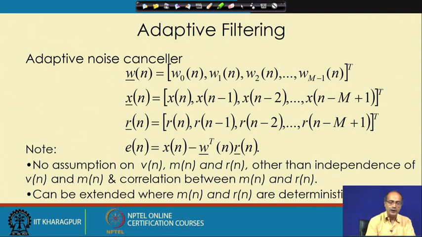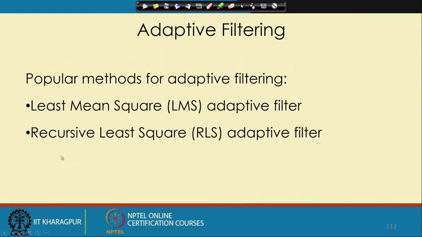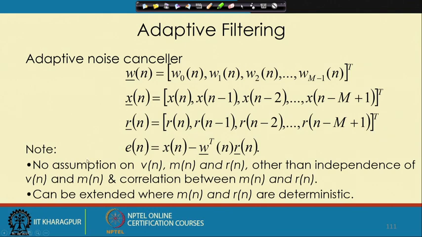So, this adaptive noise canceller we can now write in a very compact form. First, we write the tap weights W as an m by 1 dimensional vector.